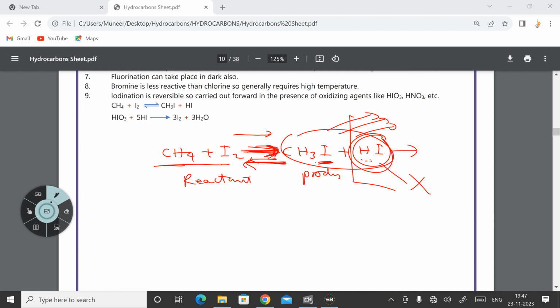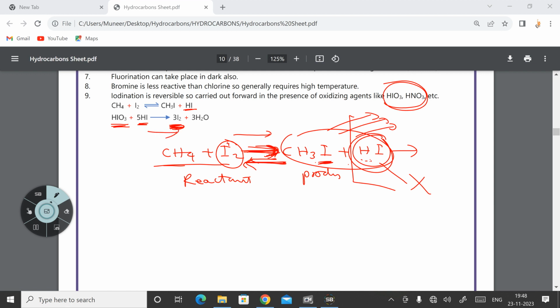To remove the HI, powerful oxidizing agents like HNO3 and HIO3 are used. That HIO3 or HNO3 converts this HI into iodine again, which is a reactant.